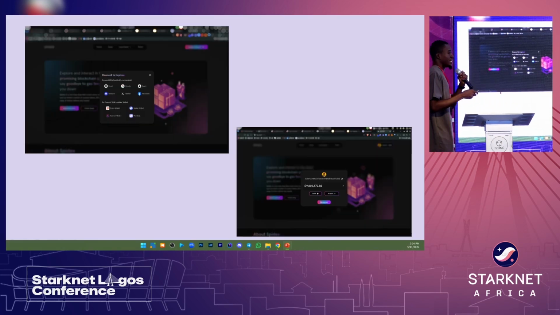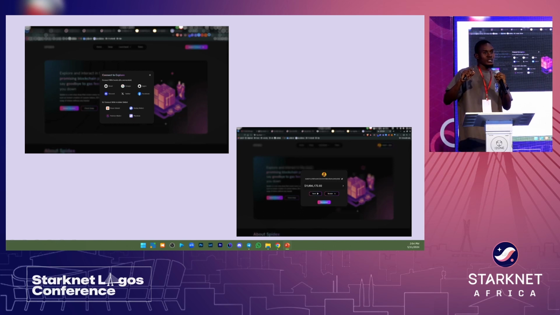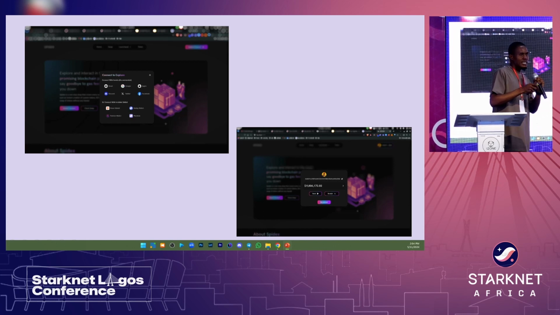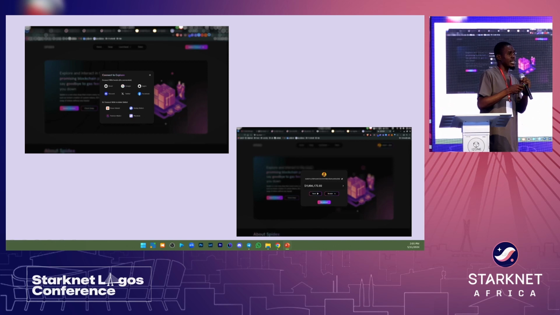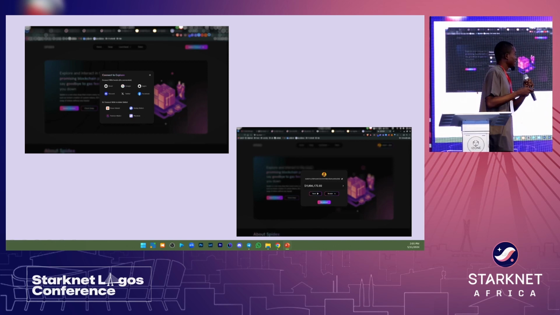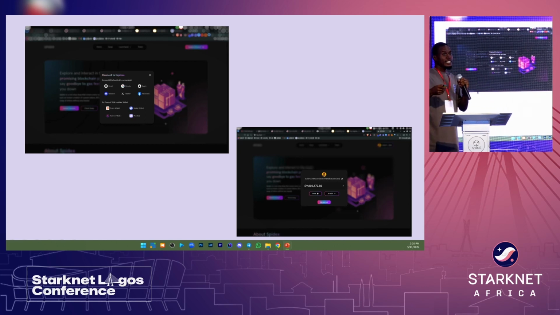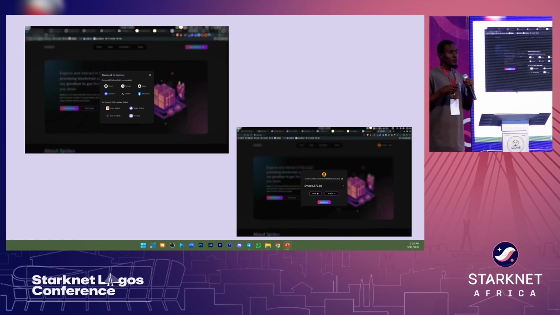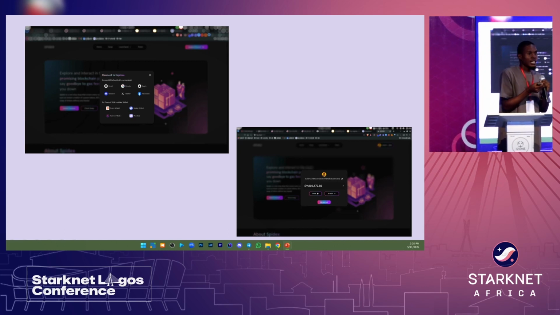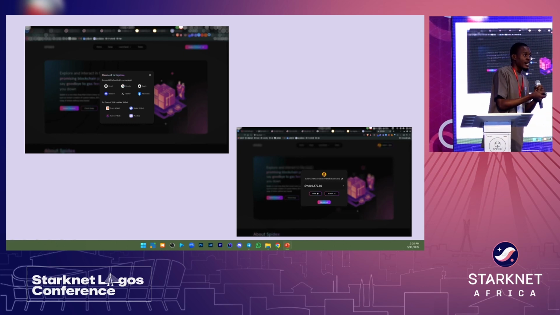Right from the beginning, the initiative of the account abstraction standard brought a new interface to how we interact with the blockchain and with dApps. This innovative idea has brought improvements to the way we interact with our dApps.